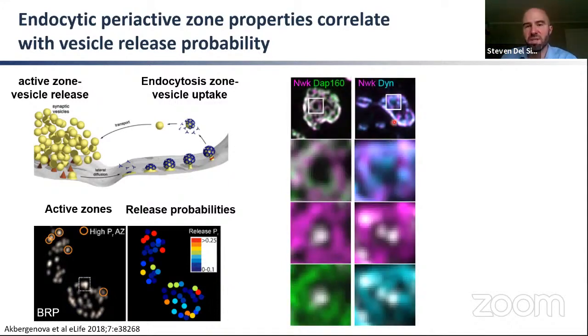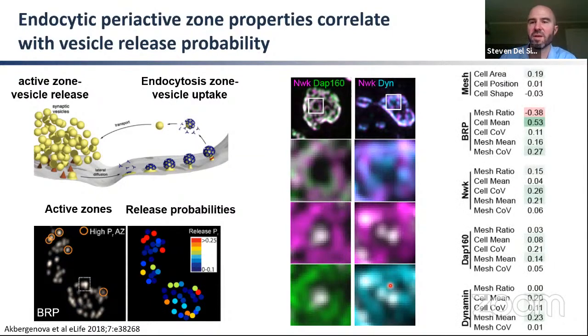And so, for each of these data sets, we have this information, so we can look at the intensity of the active zone and then ask, what's going on with the surrounding endocytic material. And again, you can see in the zoom how dynamin clearly is intercalating more into the zone, is coming closer to the active zone there.